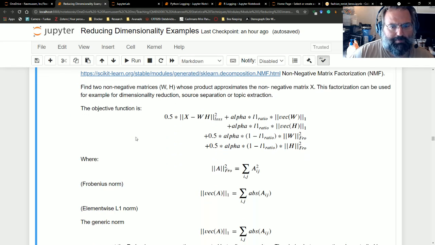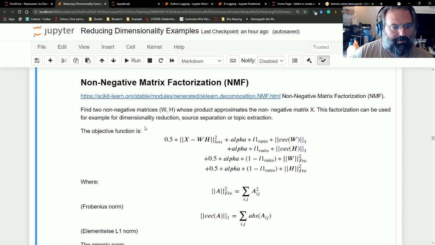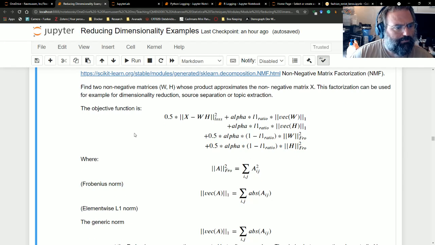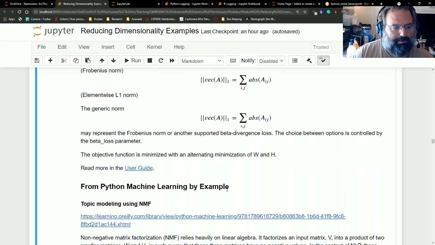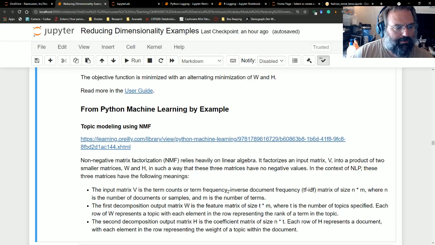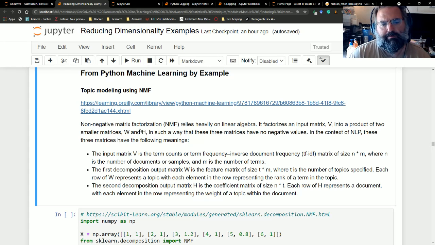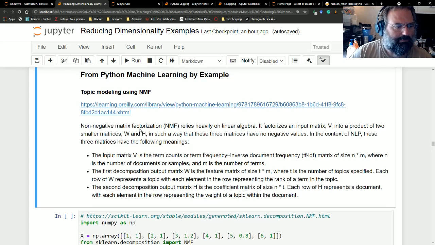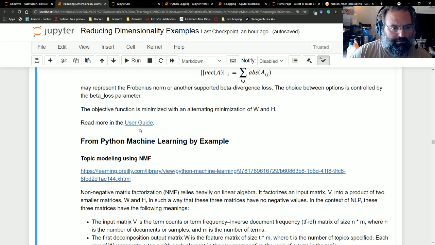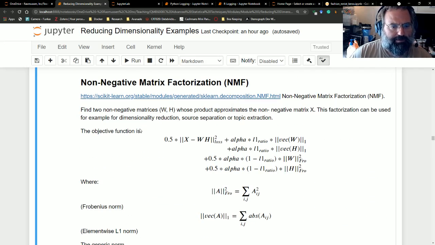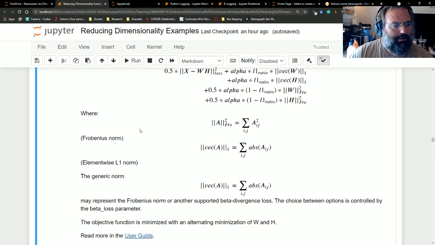I think it was this one, the NMF, complicated math, right? Don't worry about that too much. But it basically is producing a couple of matrices off of that, one of them is like the vectors or the factors, and the other is like the components and the weights essentially.